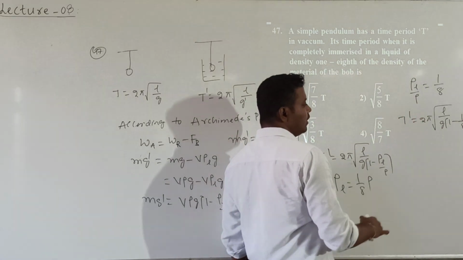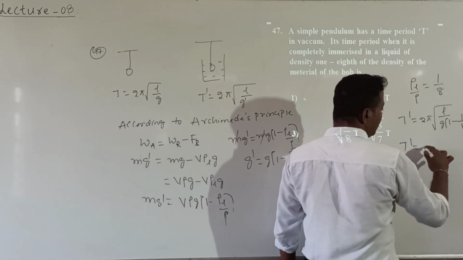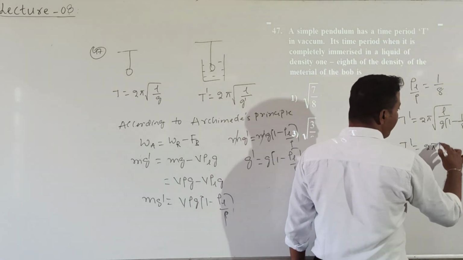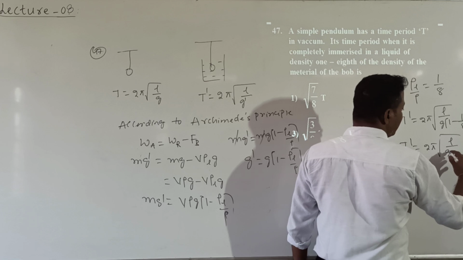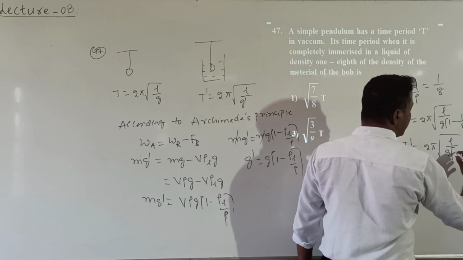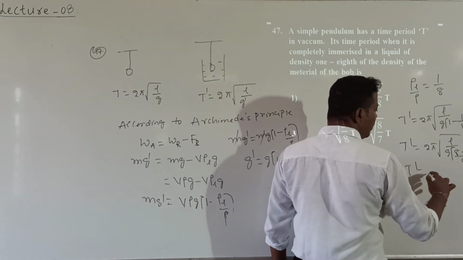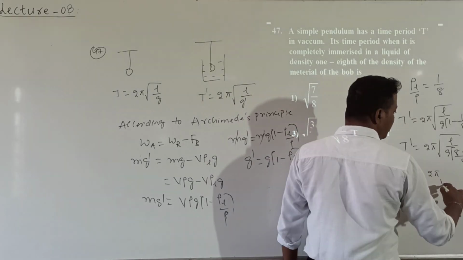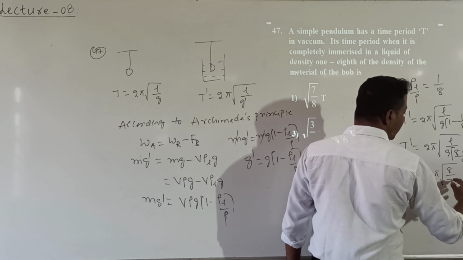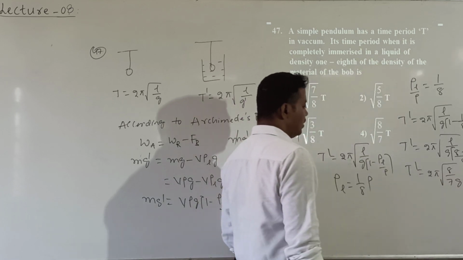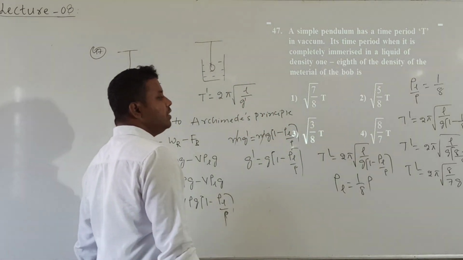Clear? So what will we get? 2 pi into root over L divided by G, with LCM 8, so 8 minus 1. T dash is equal to 2 pi into root over 8 divided by 7 into G.